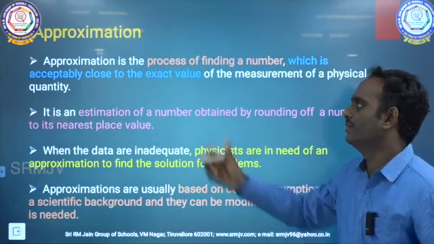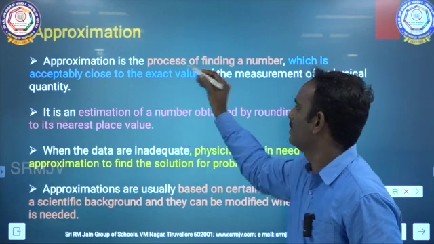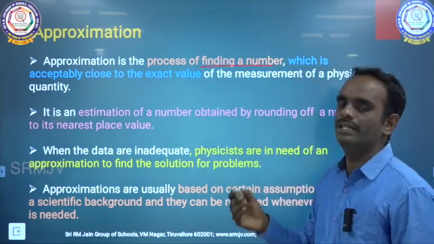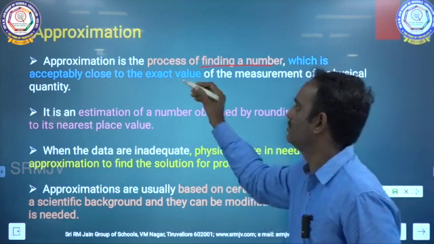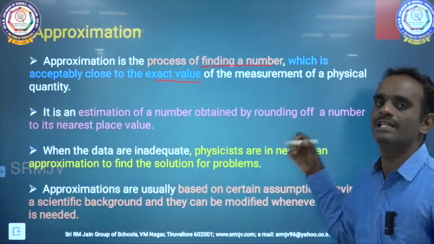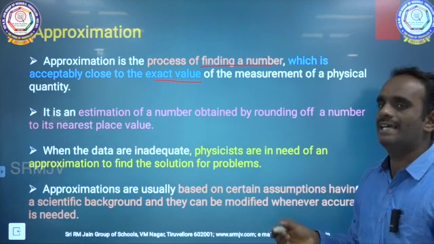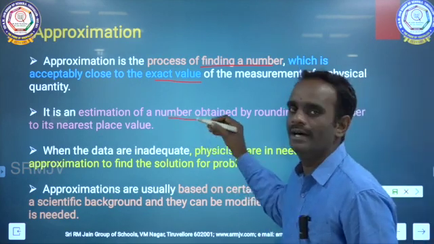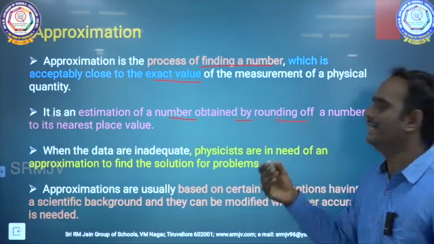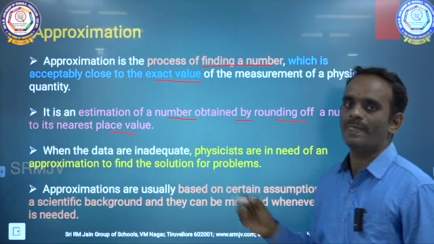Clear children? So, see here, approximation is a process of finding a number which is acceptably very close to the exact value of the measurement of a physical quantity. It is an estimation of a number obtained by rounding off a number to its nearest place value.